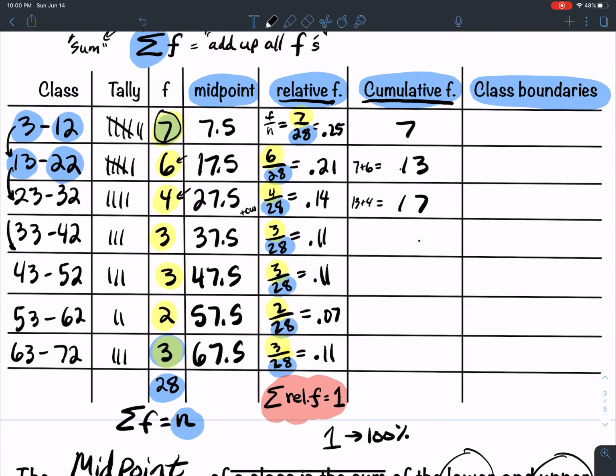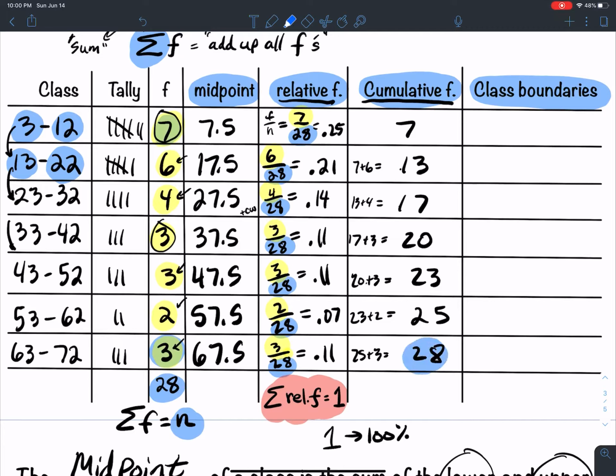To get the next one, I take my 17 and I add 3 to it to get 20. The next one, I take my 20 and I add 3 to it to get 23. And I take my 23 and I add 2 to get 25. And then the last one I take 25 and I add my 3 to get 28.